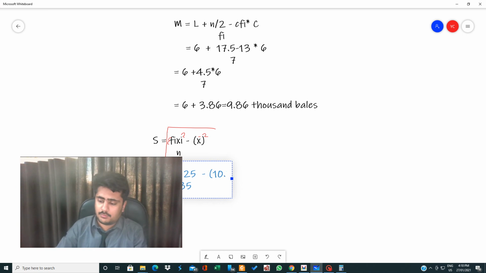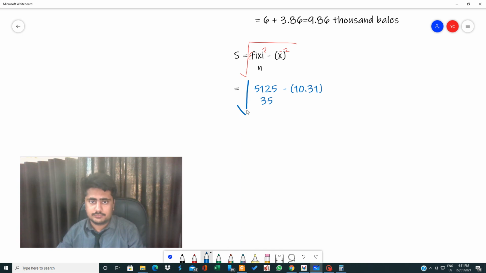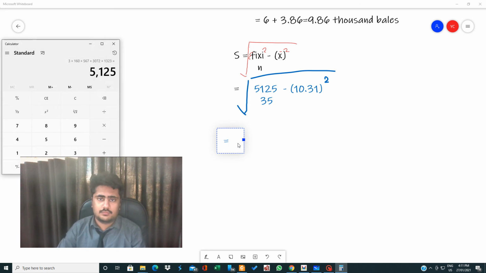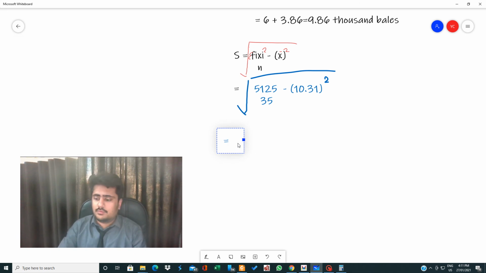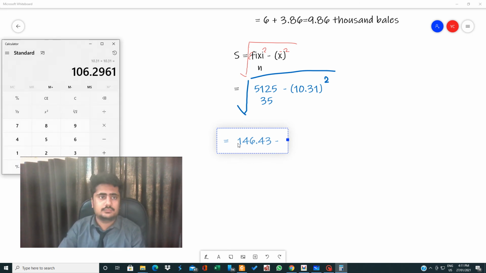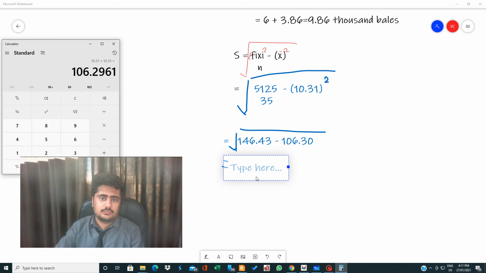So it's 10.31 square. 146.43 minus 106.3.